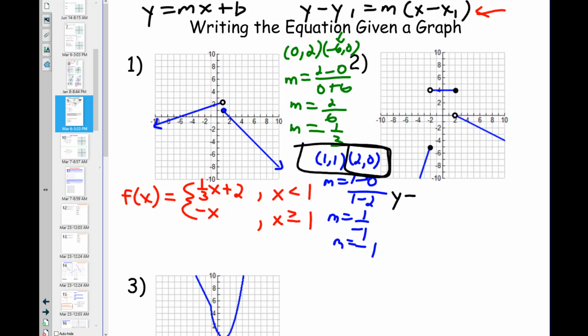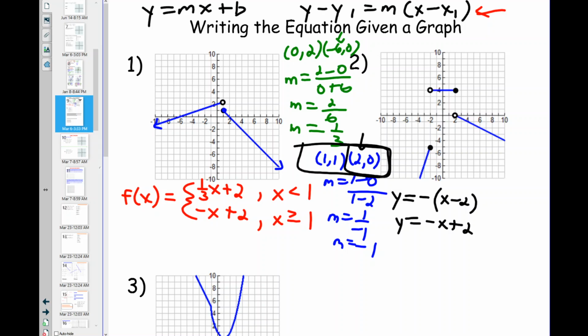And normally you'd put it in there, but what's anything minus 0? Itself, so I don't need a minus. I'll just write y equals the slope, which we just found as -1, parentheses, x minus the x of that point, which is 2. And then now all you got to do is solve. You get -x plus 2, which completes what we had here. That's one way of finding a y-intercept.